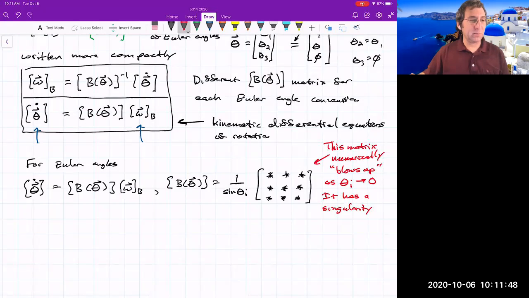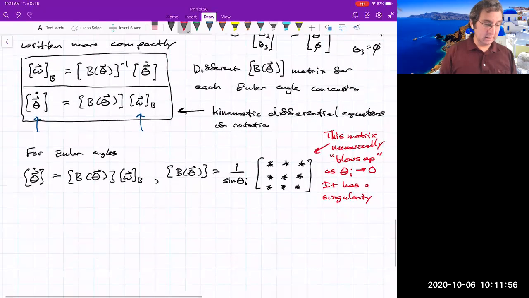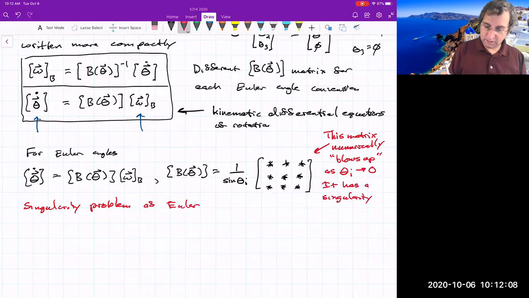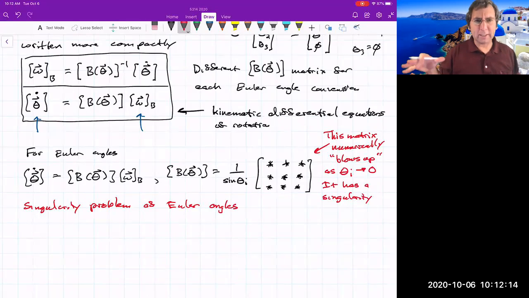So often for practical purposes, other things are used, things called quaternions. So this is a known problem, called the singularity problem of Euler angles. I mean, don't get me wrong, they're still useful. They're just not numerically stable.